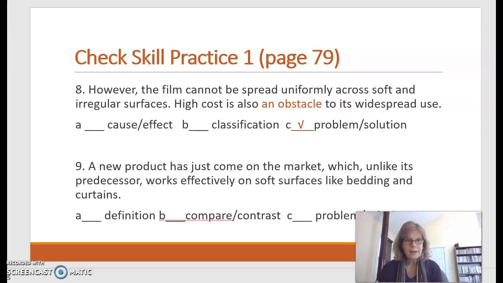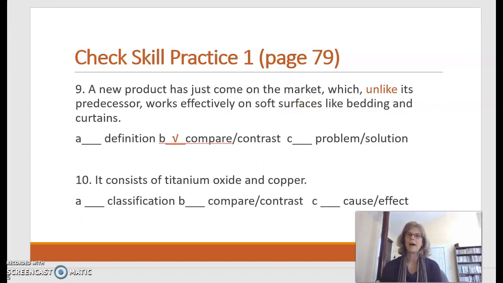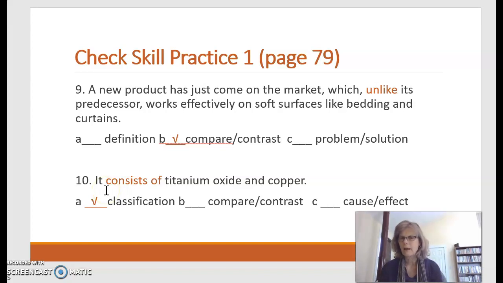And number 9, talking about a comparison, comparing a new product which is on the market, different from, unlike its predecessor. So that's making a comparison. The last one, number 10, is really helping us look at classification. It consists of talking about the parts of something.